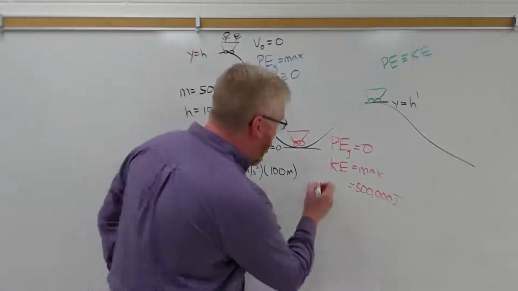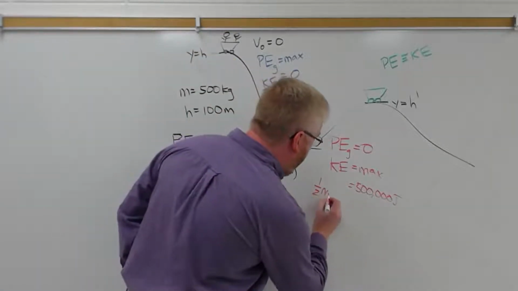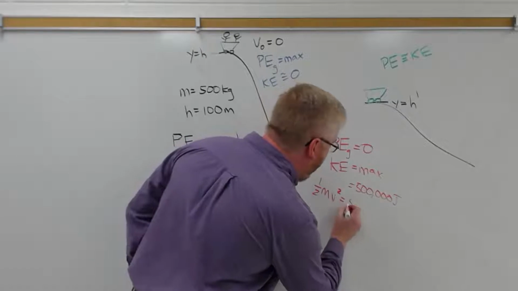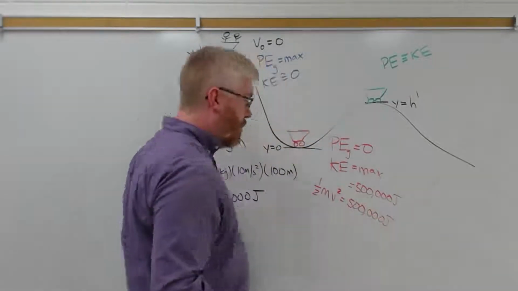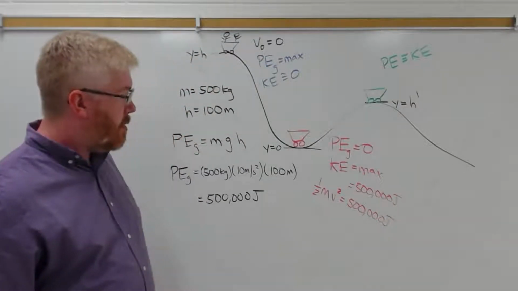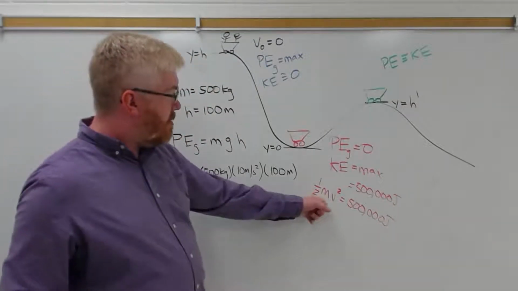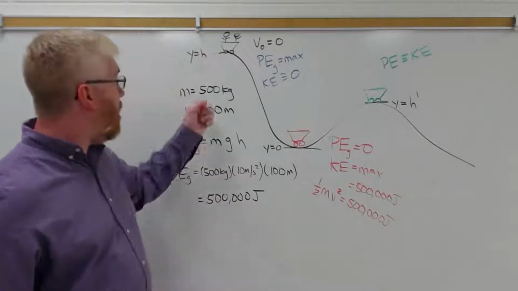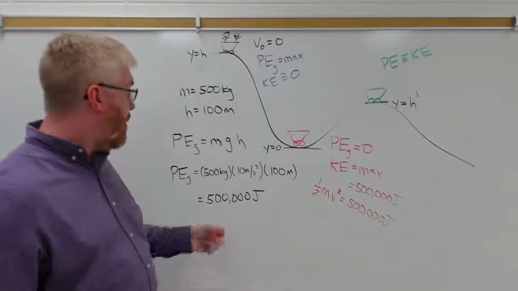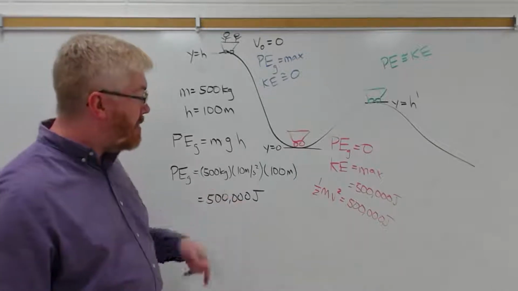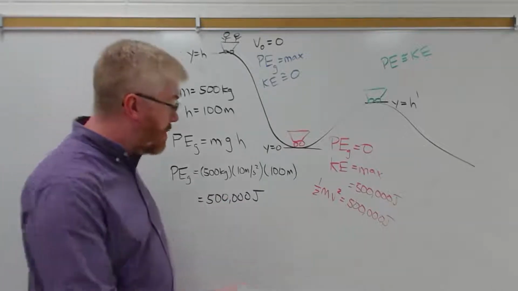Now, you might ask, well, how fast is the cart going? But I know that, right? 1/2 mv squared is equal to 500,000 joules. Well, we have to divide both sides by the mass of the cart, which is 500, and multiply both sides by 2. Dividing by 500 will give us 1,000. Multiplying by that 2 will give us 2,000.